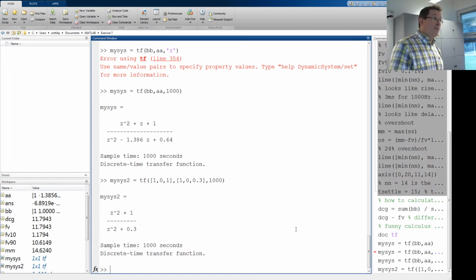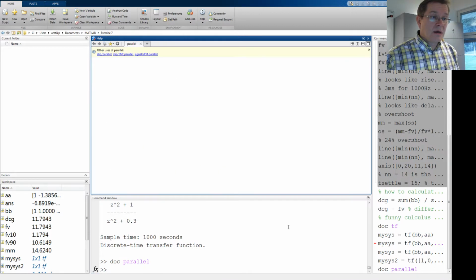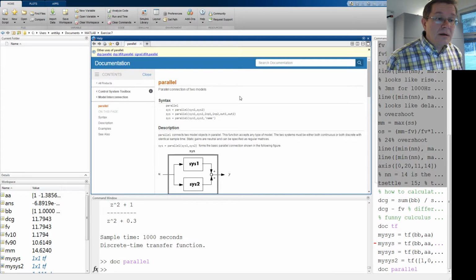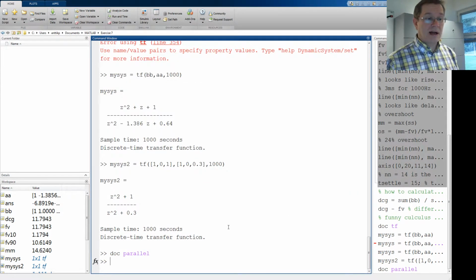Now we can combine. So parallel systems, I need to put it like this. Yes, I can actually calculate the transfer function of parallel systems.